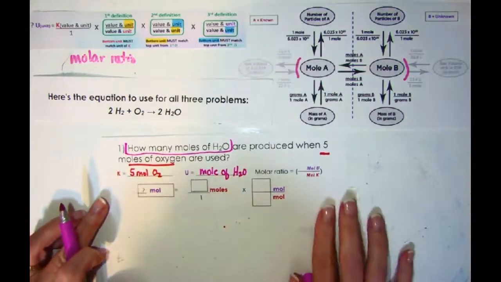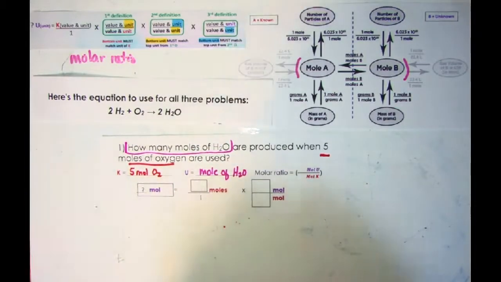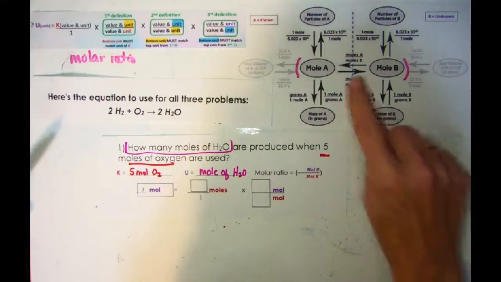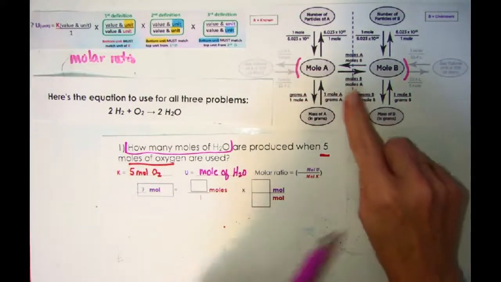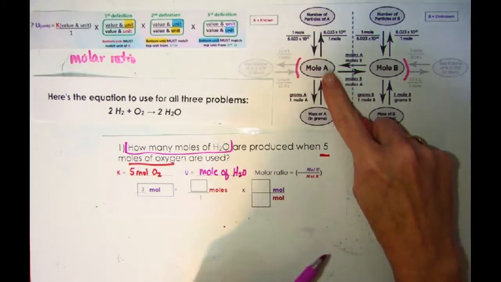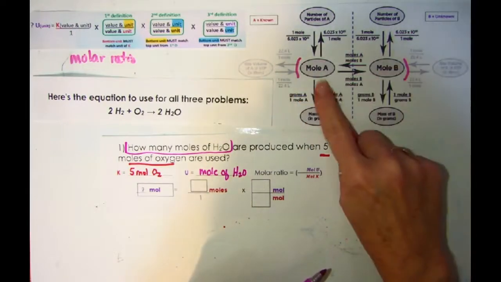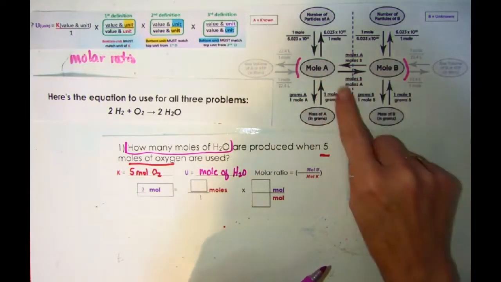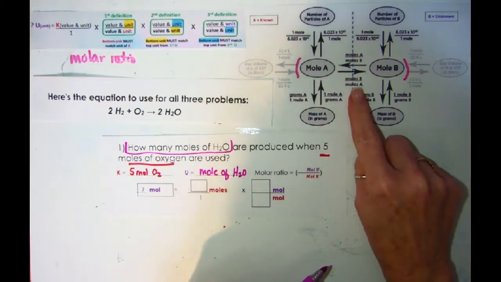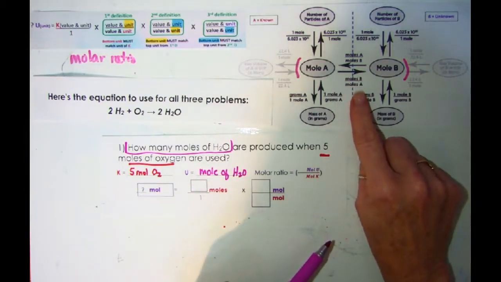What I have to do is come up with a molar ratio. Looking at this graphic, A is always going to be the known, and B is always going to be the unknown. When we go from known to unknown, we follow this arrow, and it says to put the moles of the unknown on the top, moles of the known on the bottom.